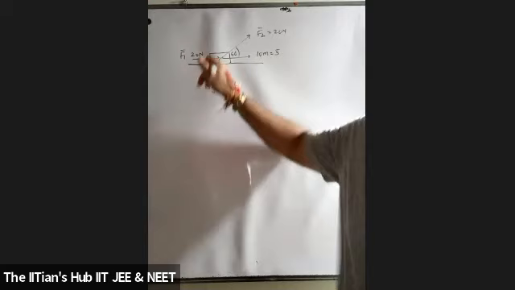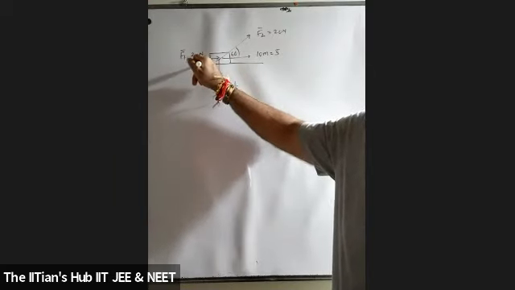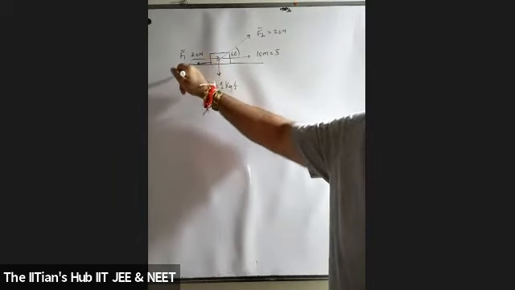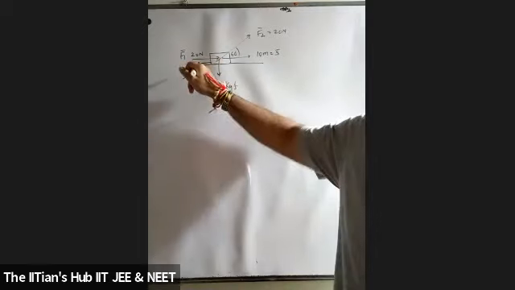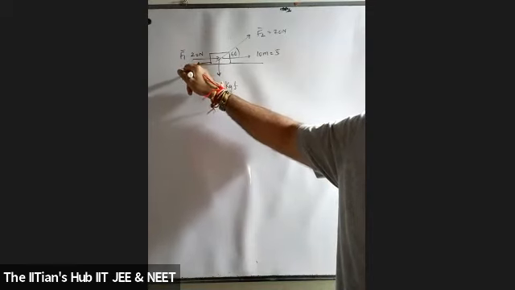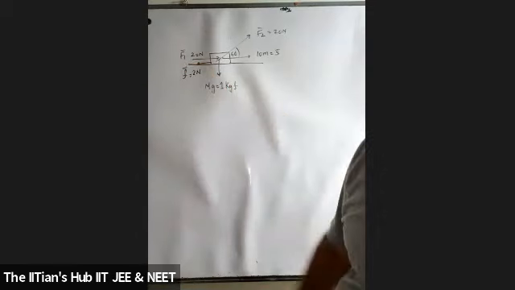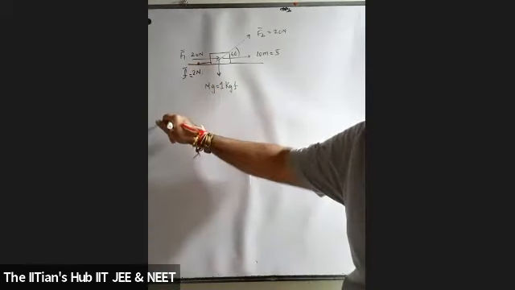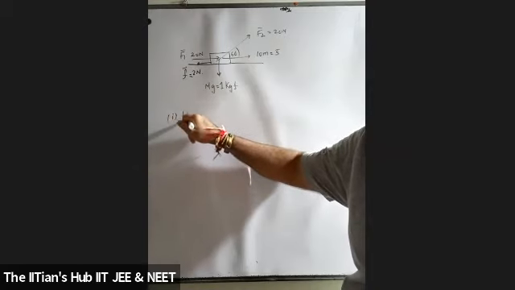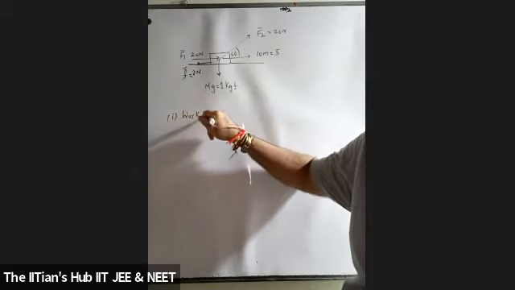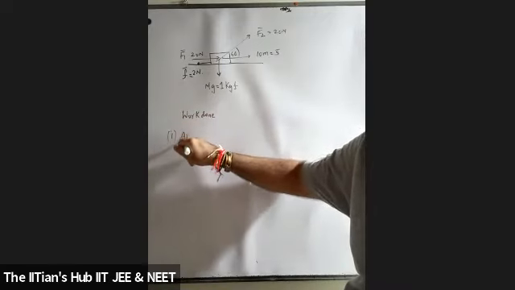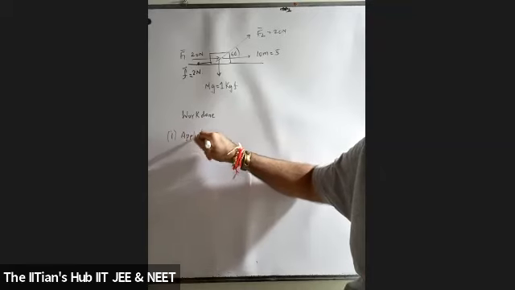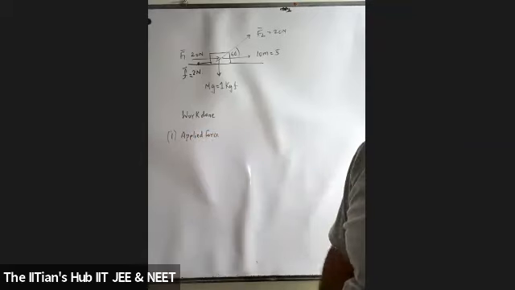And if I say there is a force of friction acting on the block, which is equal to 2 Newton. Students, my question to you all is, listen carefully, what is the work done in each case? Work done due to applied force.